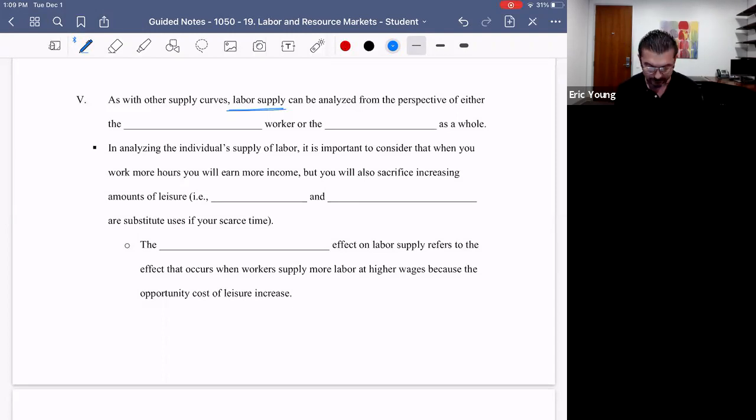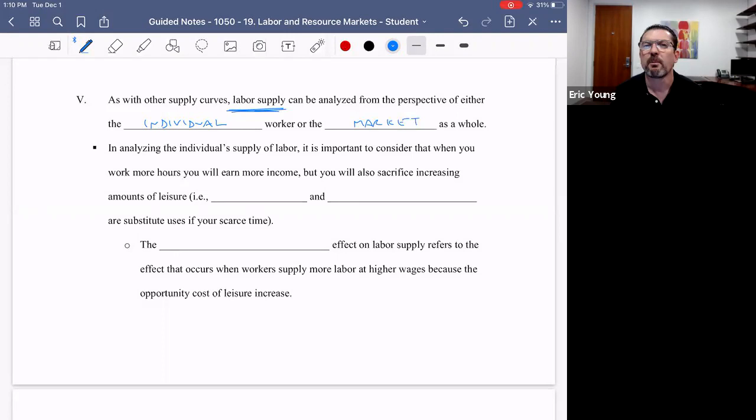Okay, let's jump in. And let's begin with the basic idea that, as with other supply curves, labor supply, technically speaking, can be analyzed from the perspective of either the individual worker or from the perspective of the market as a whole.